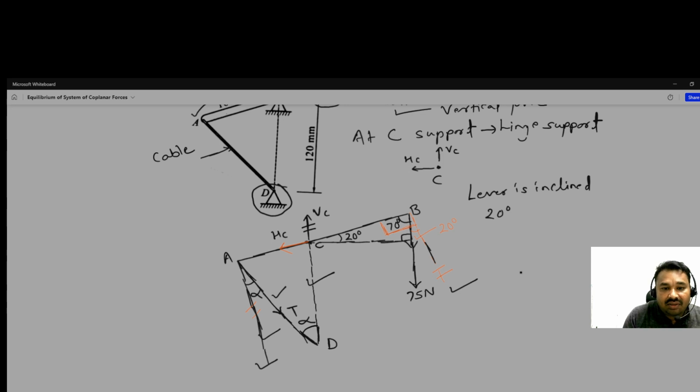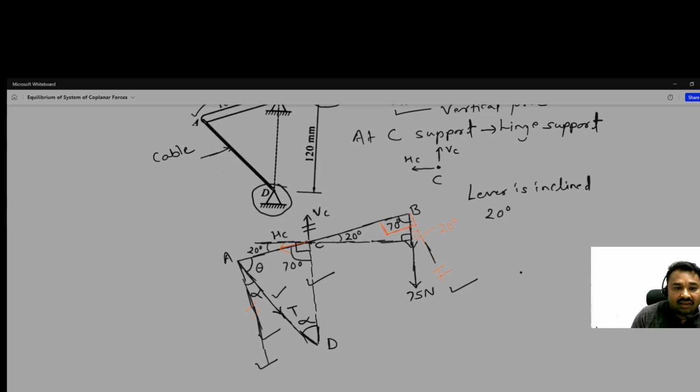And what about this angle? This will be perpendicular to this. Here it is perpendicular, and this angle we know it is 20 degree. So if it is 20, then this angle will be 70 degree. And what about this angle? Suppose it is theta.